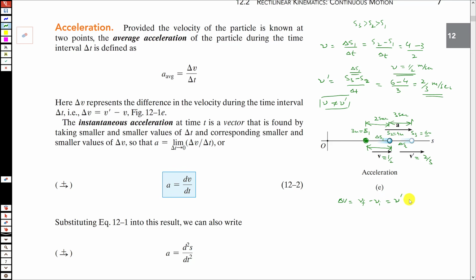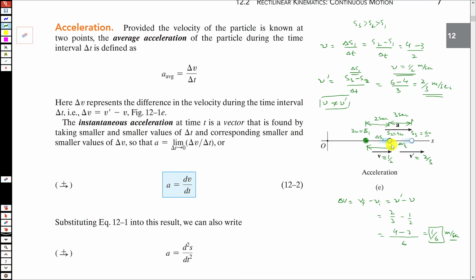The final velocity is v dash and the initial velocity is v, so this is 2 divided by 3 minus 1 divided by 2. What is this difference? The LCM is 6, so this is 4 minus 3, which is 1 by 6. So the change in the velocity is 1 by 6 meter per second.